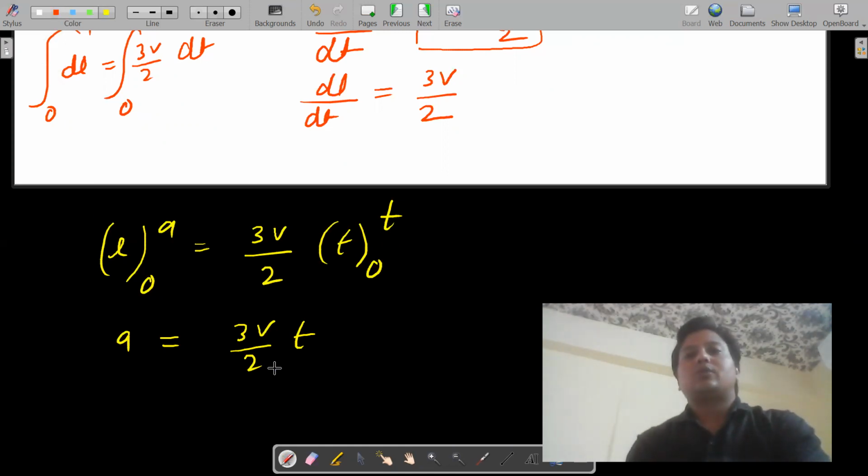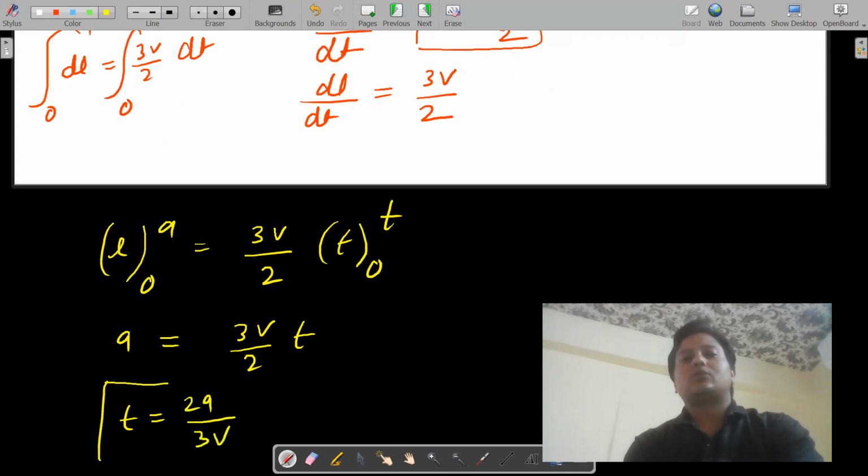So 3v over 2 into t equals a, and t comes out to be 2a over 3v. In this time interval the particles will converge.